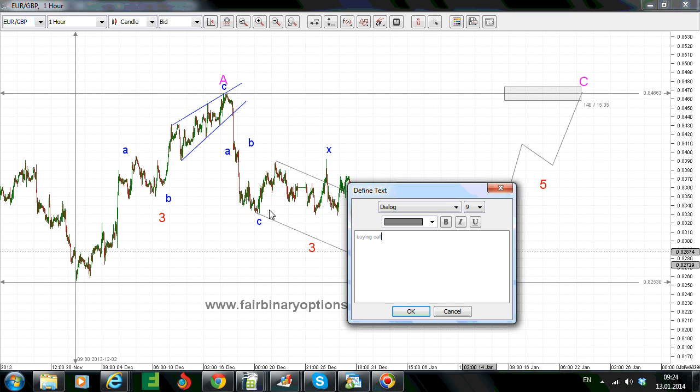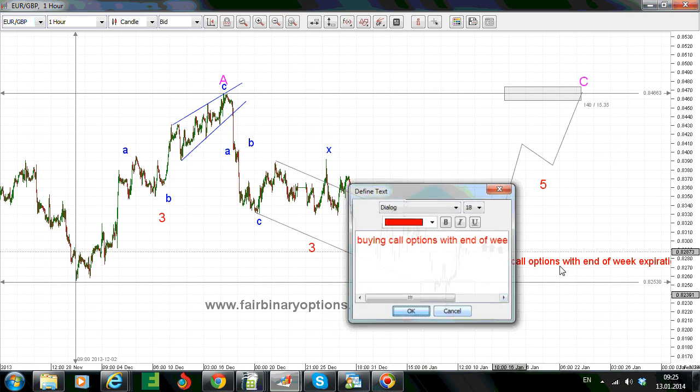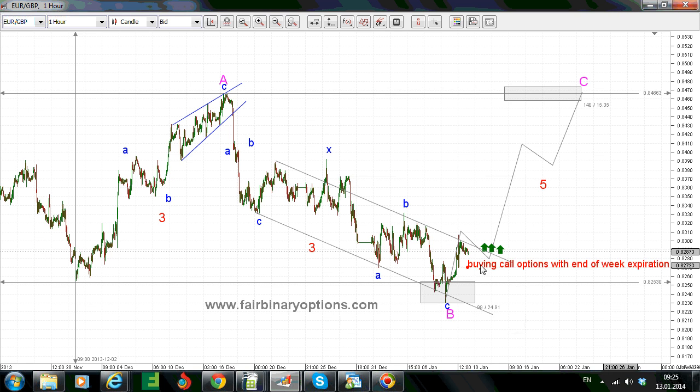So buying call options with end of week expiration date would be the logical thing to look for in order to avoid volatility from the CPI to come in the United Kingdom. So end of week expiration date. There are a lot of brokers that offer such binary options, and this is what we are recommending.